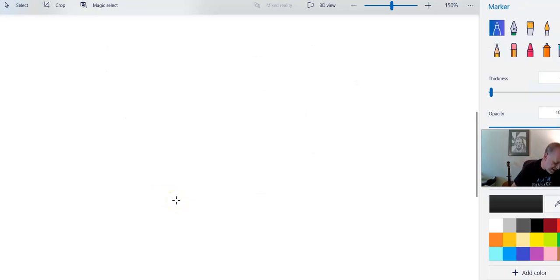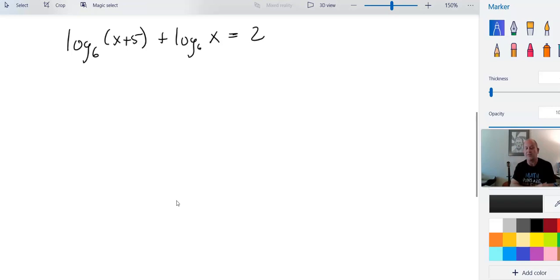So let's say I have log base 6 of (x + 5) plus log base 6 of x is equal to 2. Okay, so this is kind of interesting. So let's see what we got here.